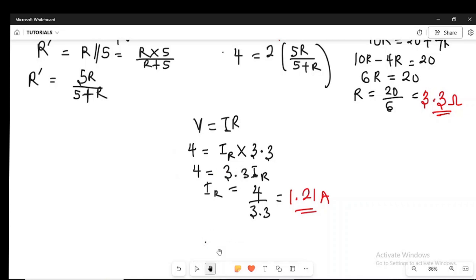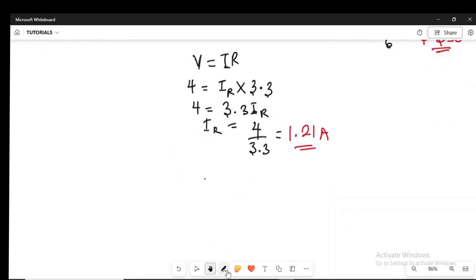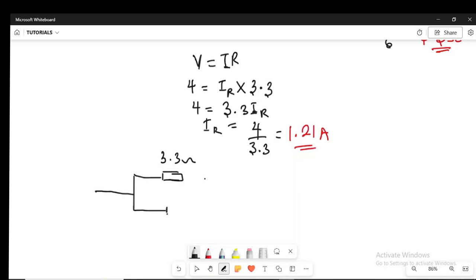If I sketch out that arrangement again, all I need to do is sketch out those two resistors. One is the one we calculated, that's 3.3 ohms, while the other one is 5 ohms.